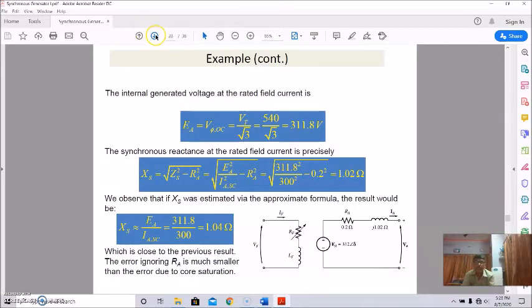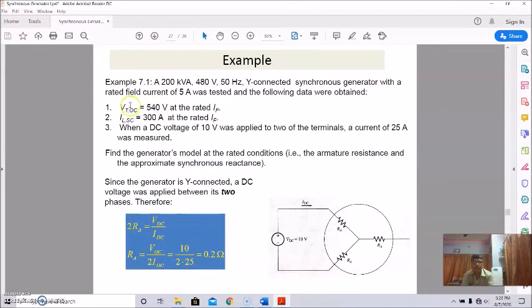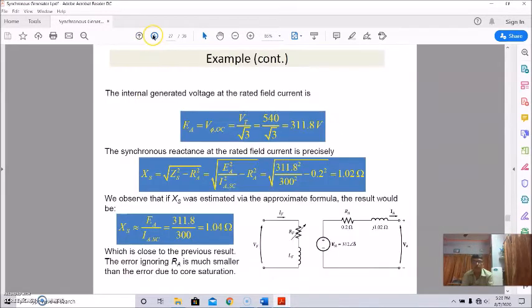Now, what is the internal generated voltage at the rated field current? This internal generated voltage EA is VT by root 3, that is 540 by root 3, where the 540 is the open circuit terminal voltage given here. So it is 311.8 volt.